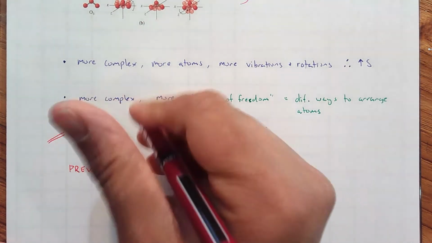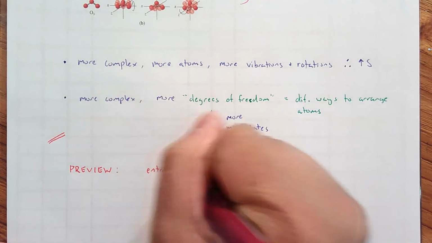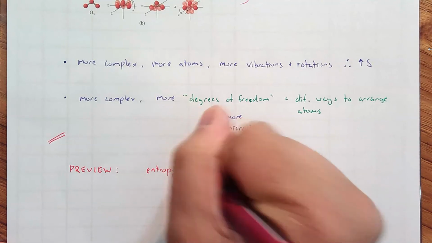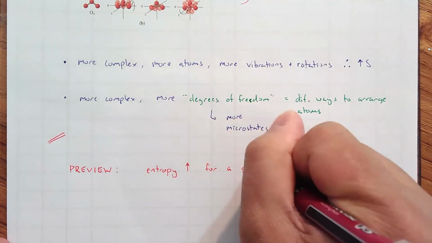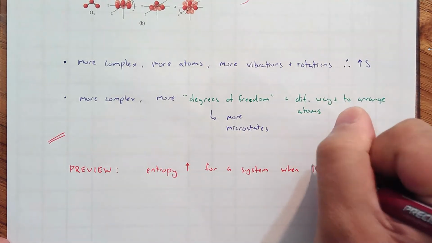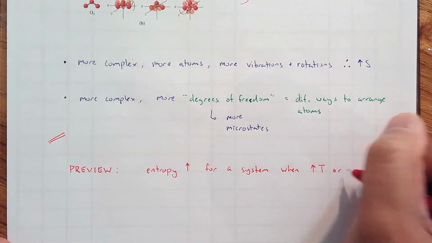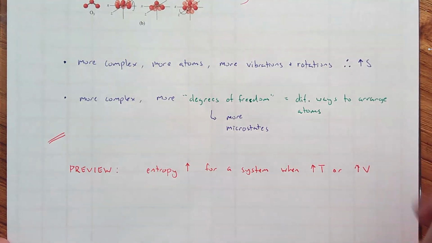So as a preview, I want you to know that entropy goes up for a system when the temperature goes up or the volume goes up.